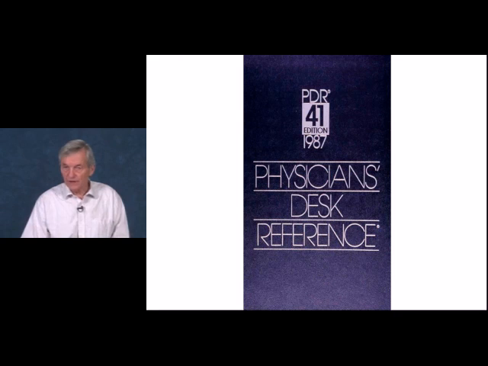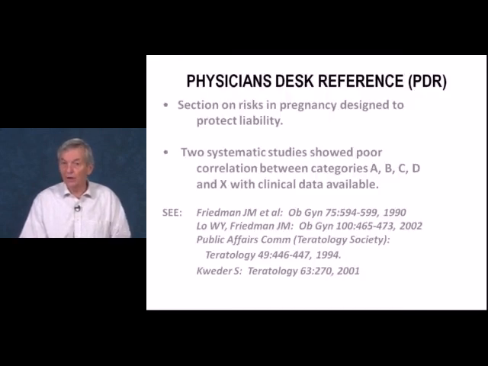Now this is in contrast to the Physicians' Desk Reference. I list it here as the worst place to go to get this information. Unfortunately, most medical students and residents are taught that the drug categories A, B, C, D, and X are reliable, but in fact they're not.